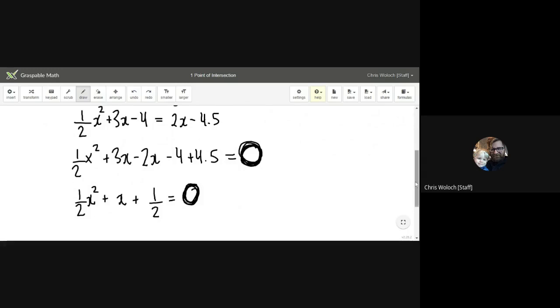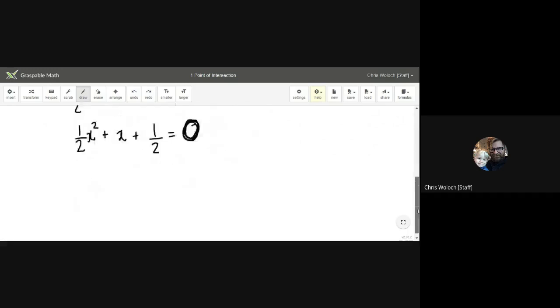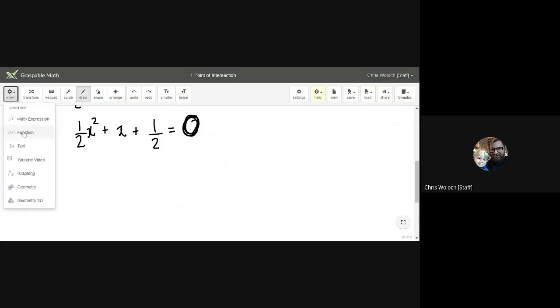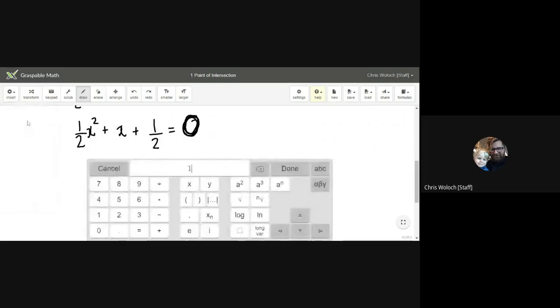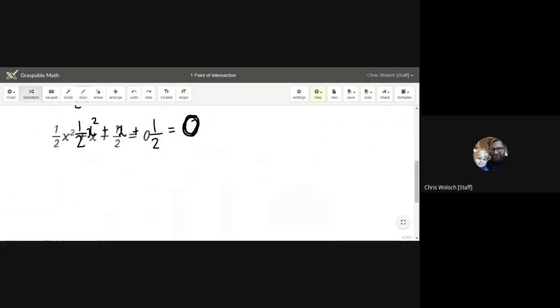So now I have this equation down here that I have to solve by factoring or using the quadratic formula. So I'm going to try that thing again that failed miserably last time. So let's try it. 1/2 x squared plus x plus 1/2 equals 0, right?